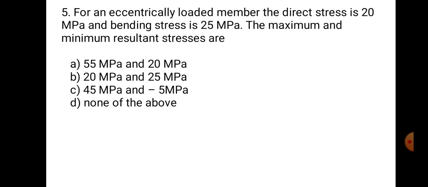Both these options are not correct. The third one is 45 MPa and minus 5 MPa, and D is none of the above. So 20 plus 25 is 45. So here you need not think of options A, B and D. The only correct answer is option C, that is 45 MPa and minus 5 MPa. Here minus 5 is because the bending stress is greater than the direct stress. As it is minus, its nature will be opposite to the nature of the maximum stress.